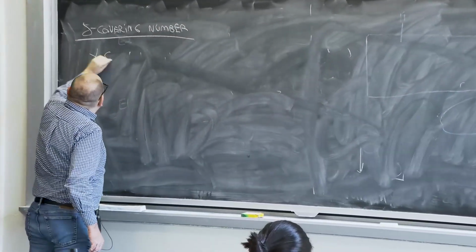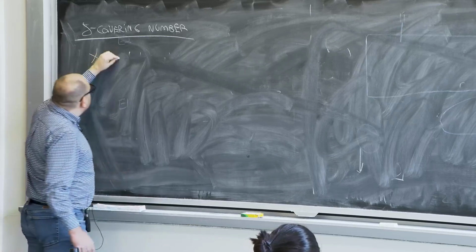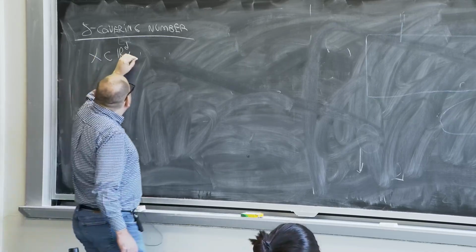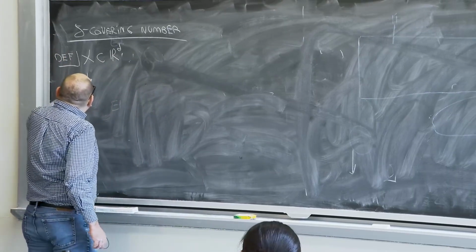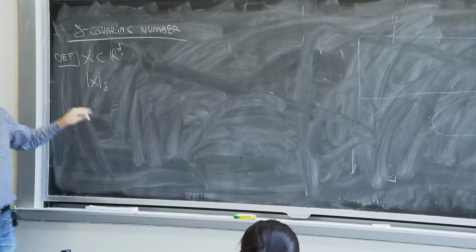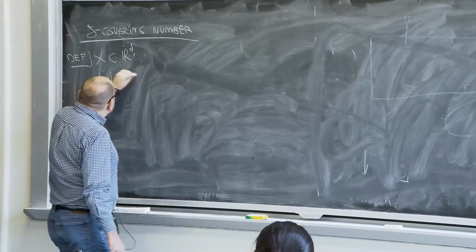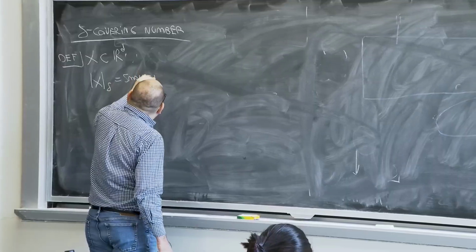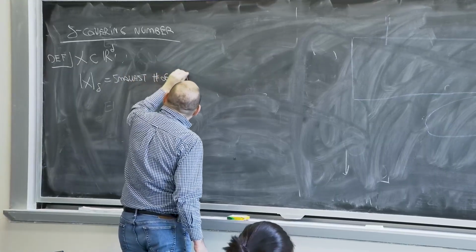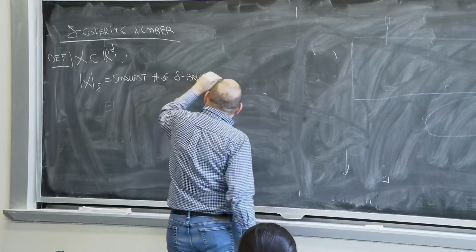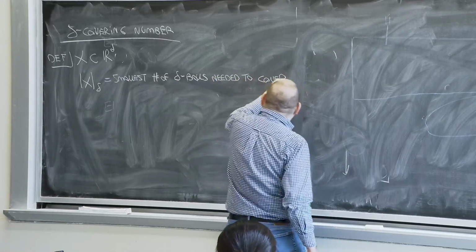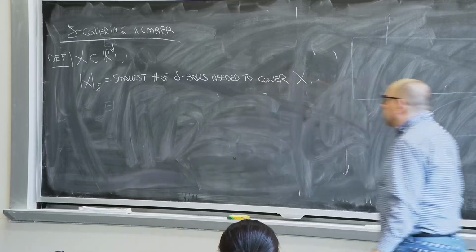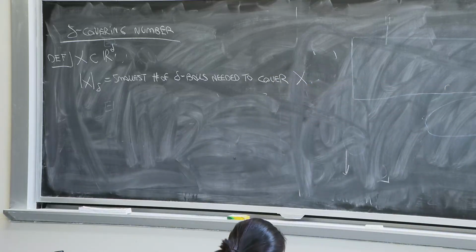Suppose that X is a subset of really any metric space, but let's say R^d. Then, this is, I guess, a definition or notation. X bar delta, so bar with the subscript delta, is the smallest number of delta balls needed to cover X. Could be infinite, but in all this business we are only looking at bounded sets, in which case this is finite.